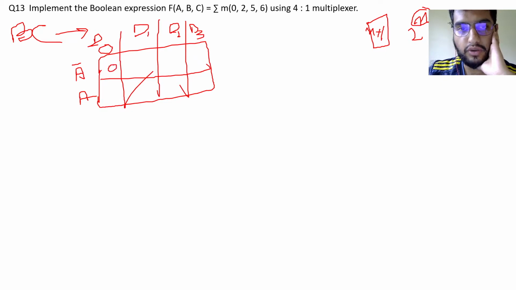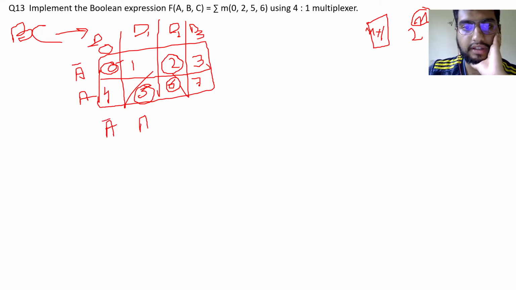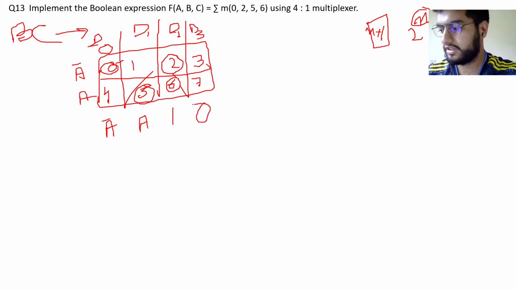Here we'll write the minterms 0, 1, 2, 3 and 4, 5, 6, 7. We will encircle all those minterms which are 1, that is 0, 2, 5, and 6. Since this row corresponds to A bar, we'll write it as A bar, and this row corresponds to A. Since both of the terms are encircled, it will be represented as 1, and where none of the terms are encircled, it will be represented as 0.